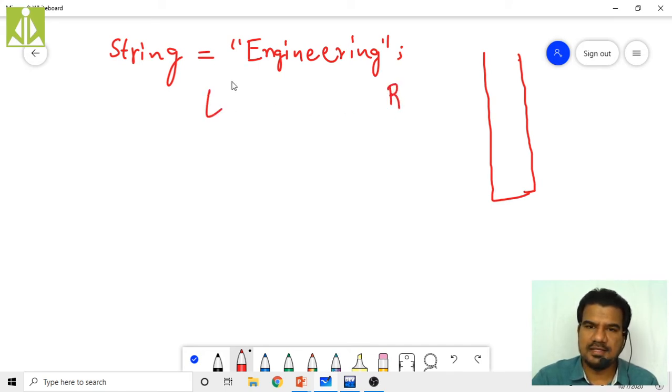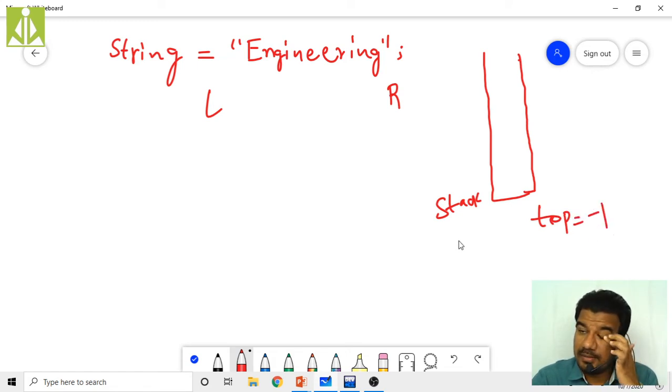So I have to scan this entire string from left to right, character by character, and whenever I encounter a character in my string, I simply push that character onto the stack. This is my stack, and we will assume that this is my top. Initially top will be -1.